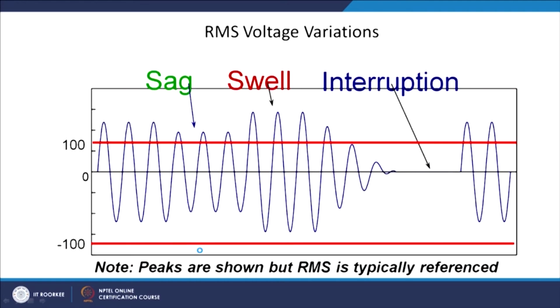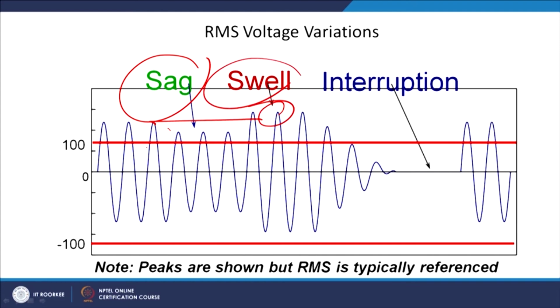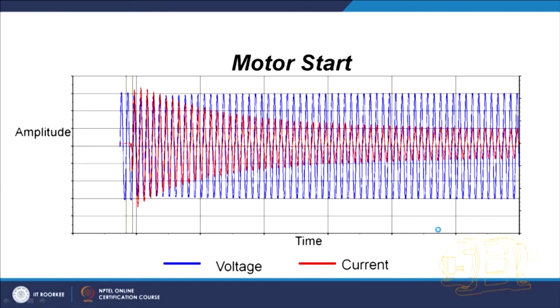Now, this is an example of different waveforms on the same scale. This is a sag, here voltage has gone down. This is a swell where voltage has gone up, and this is an interruption for some time. This is a variation of the RMS voltage.